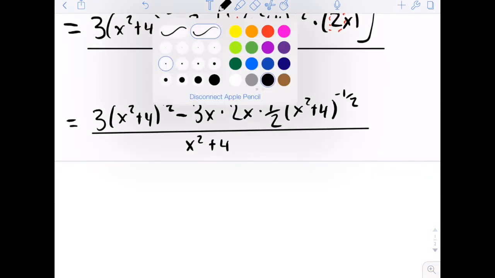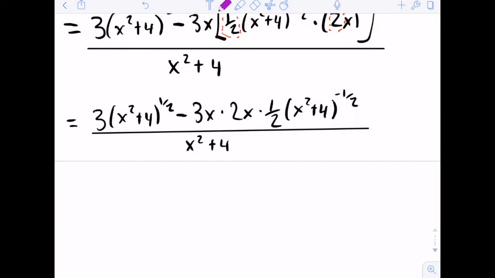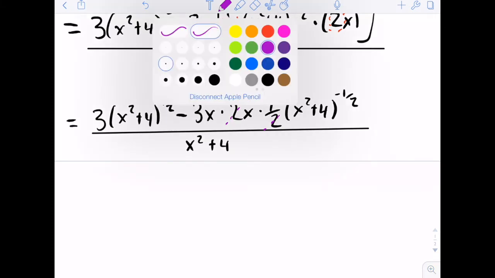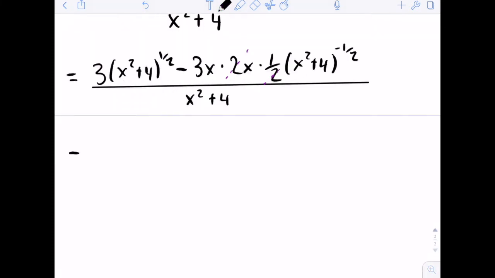Now, we've got 2 times 1/2, so this 2 is going to cancel with that 2, and they just go away. So what we're left with is 3 times x squared plus 4 to the 1/2 minus 3x squared.